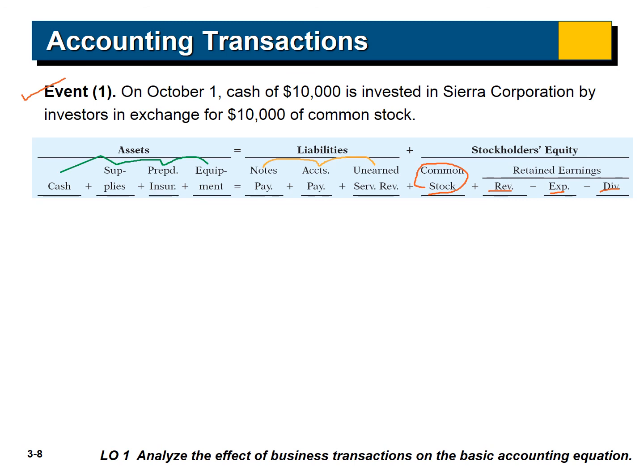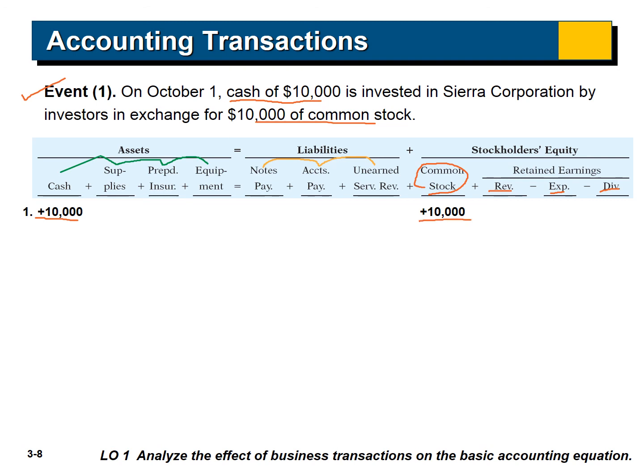Remember the dual effect of each transaction. At least two accounts are affected for each transaction. So we know from this event cash is affected and common stock is affected. So what does this look like? Cash went up by 10,000, so that's why we have a plus here, and common stock went up by 10,000.